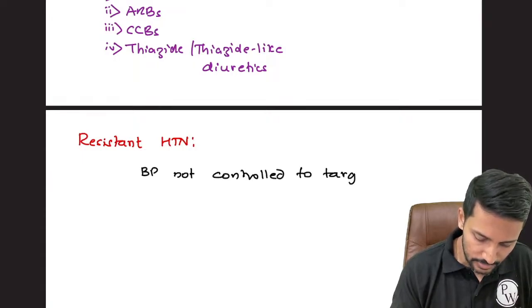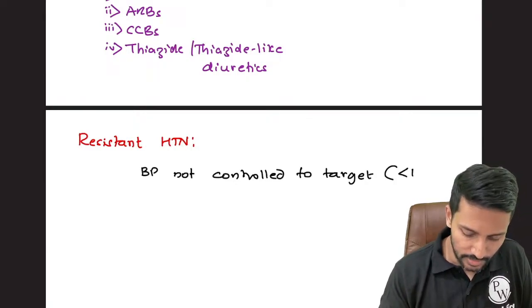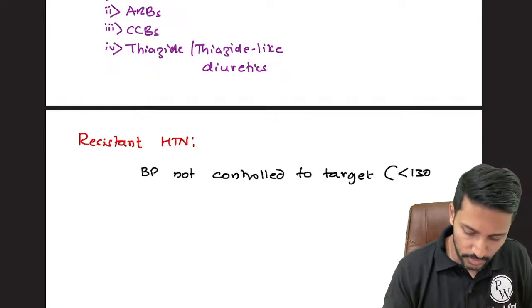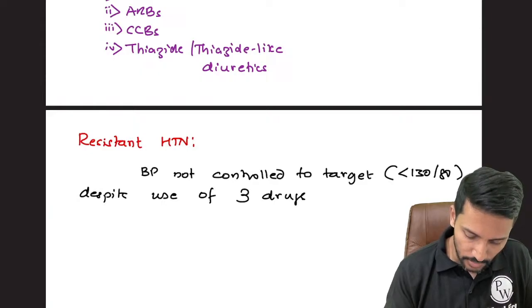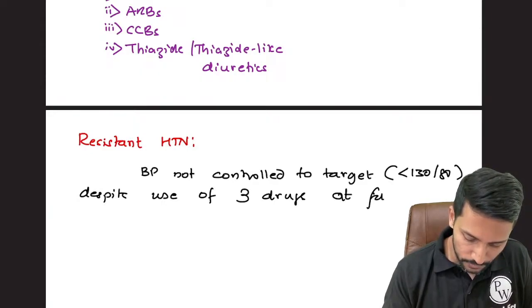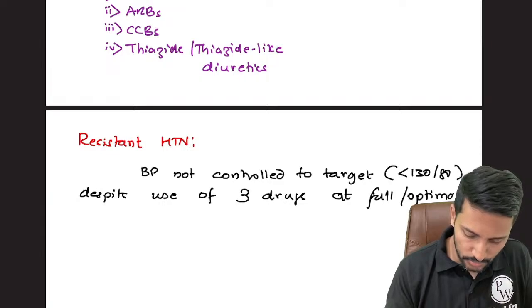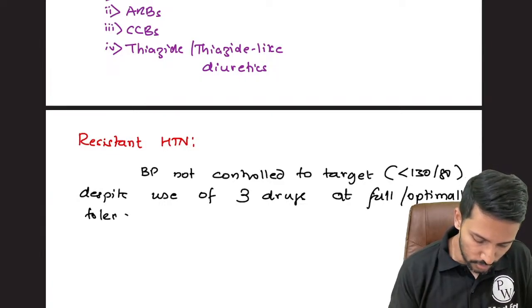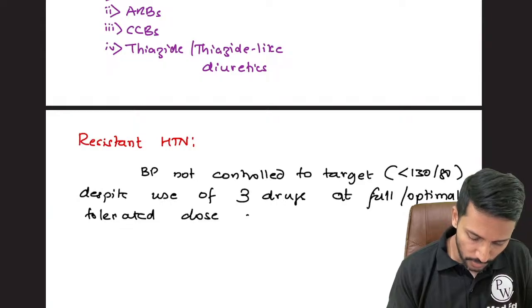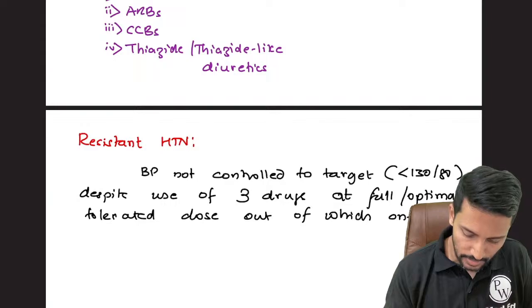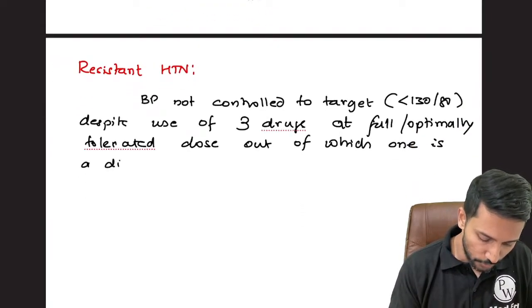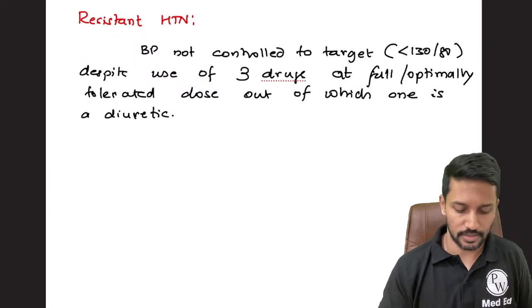In the current context, the target is less than 130/80, despite use of three drugs at full or optimally tolerated dose, out of which at least one is a diuretic. So if you are following the ESH guidelines, at the end of step 2, we would have reached a stage where we can call it resistant hypertension.